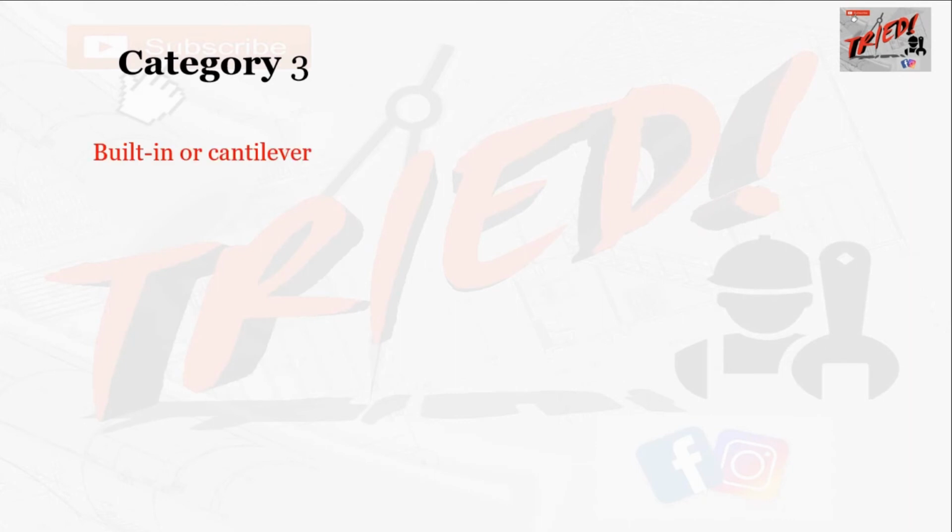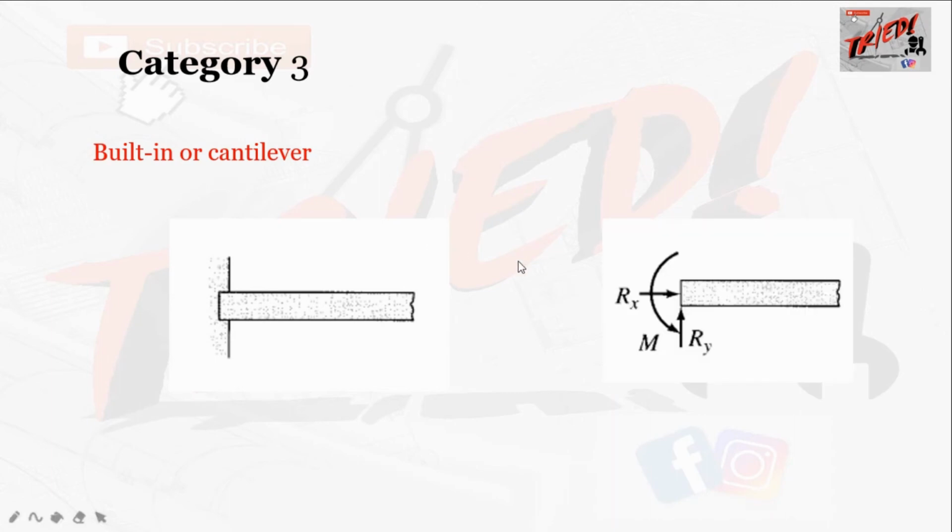In the third category, we have our built-in support. For example, we have been given this built-in support. What will be our free body diagram for this? It will be something like this. We're going to have the reacting force in the y-axis, the reacting force in the x-axis, and a couple. So we have 1, 2, 3: reacting force y, reacting force x, and a couple.